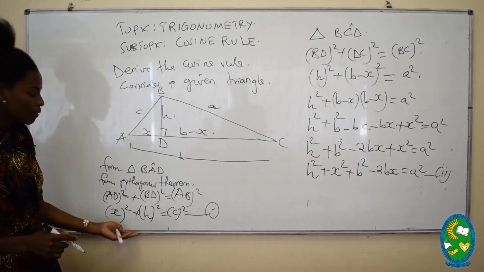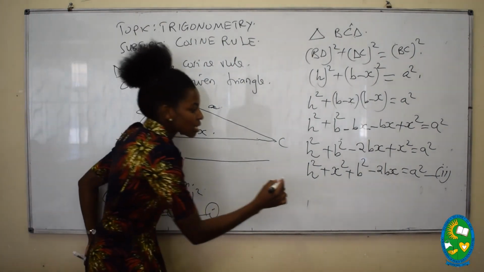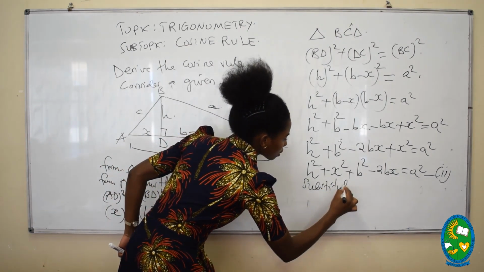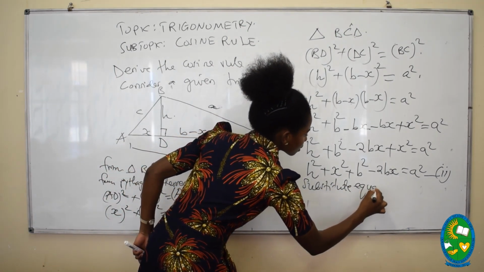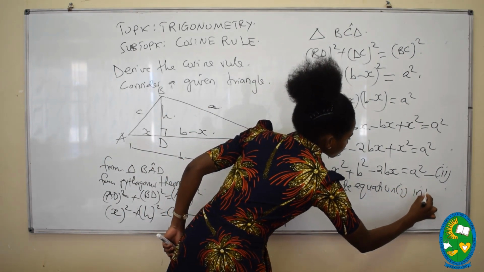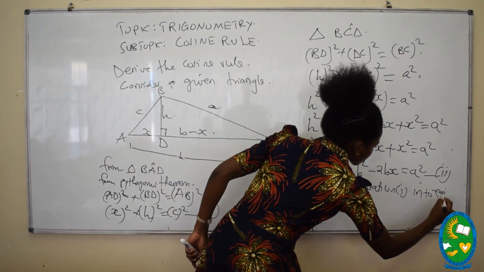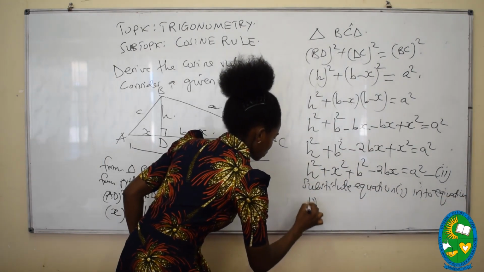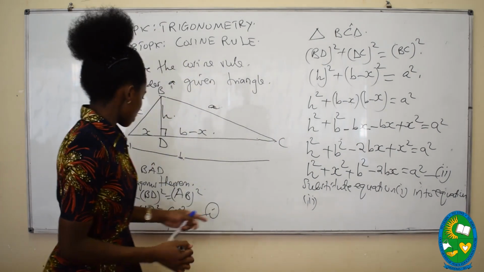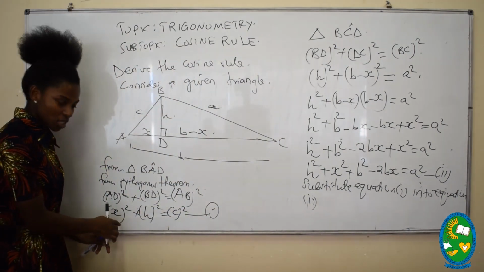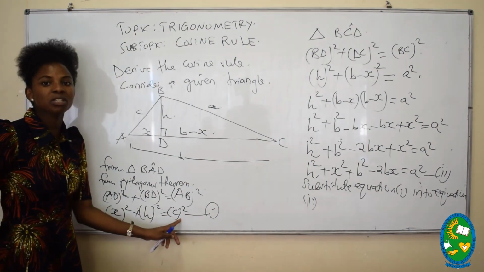From the first equation, we now substitute equation 1 into equation 2. Wherever we have x square plus h square, we substitute c square.